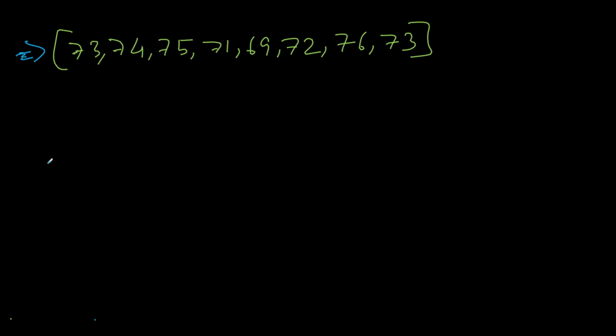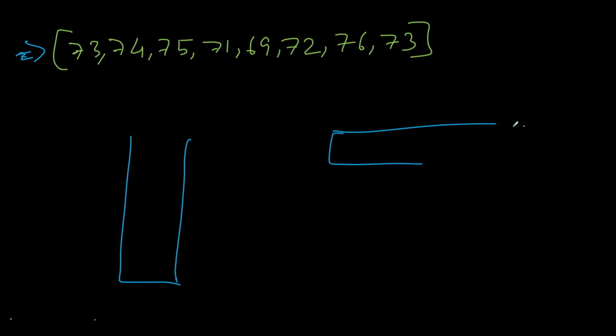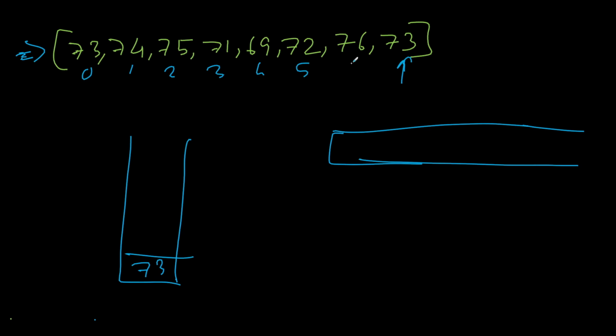Fine. Now let's take a stack here, and let this be the array for our answer. Let's start from here, 73. So we'll place 73 here with its index. Let me write the indices also: 0, 1, 2, 3, 4, 5, 6, and 7, right?